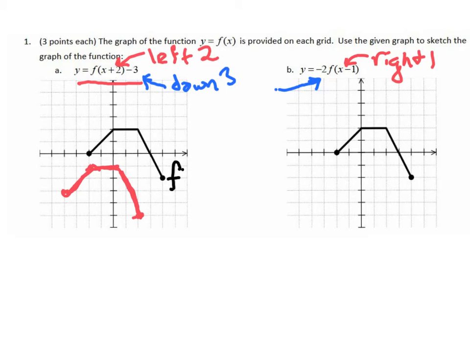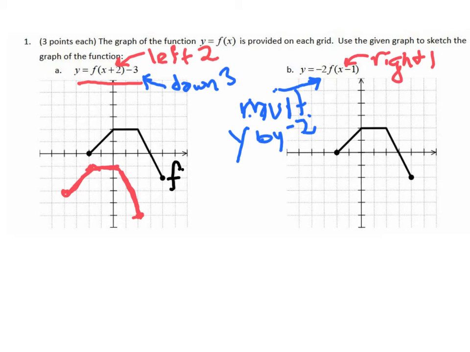I can transform the graph by multiplying, oh geez, it's going to be hard for me to write with this. So I'll abbreviate. Multiply the y-coordinates by negative 2. All right, so we're going to multiply all the y-coordinates by negative 2.